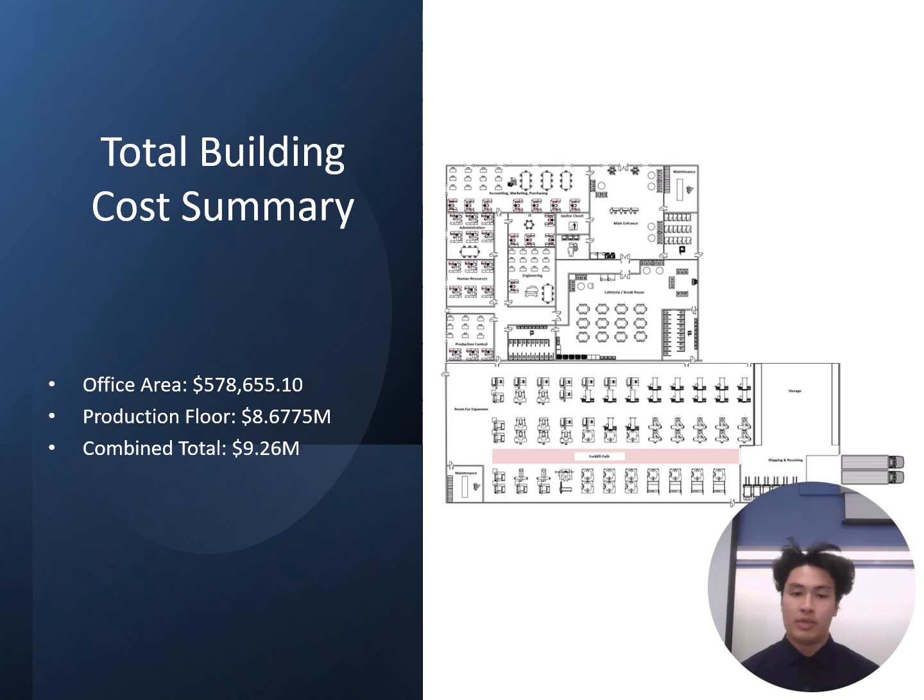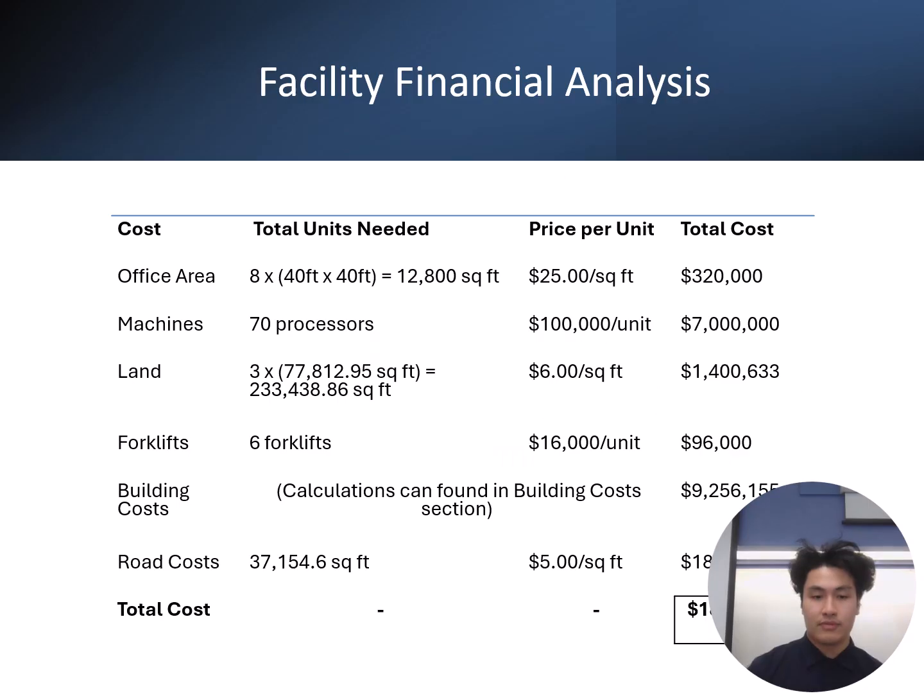Aside from the production floor, we also have the office spaces, and office spaces here would be 23,000 square feet. And doing a simple calculation, multiplying this value by the value provided in the OKKO case study of 25, we get $578,000. So totaling the two will combine for $9.2 million.